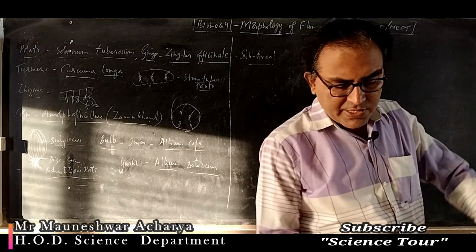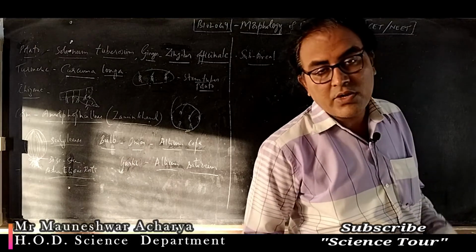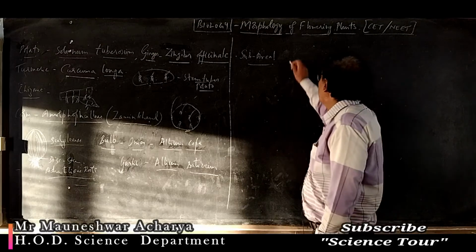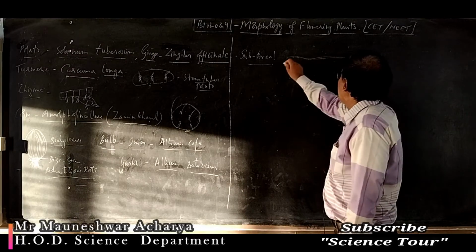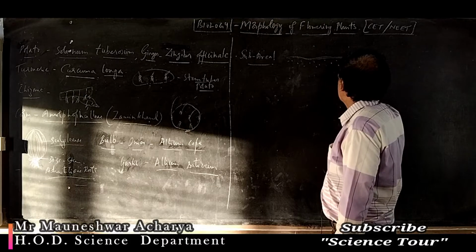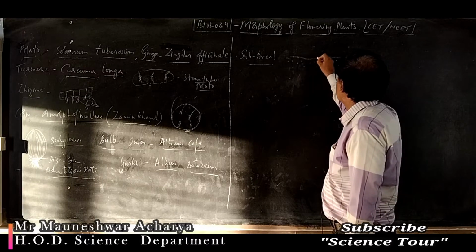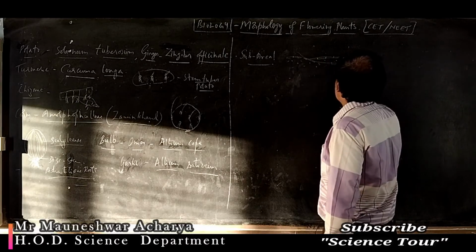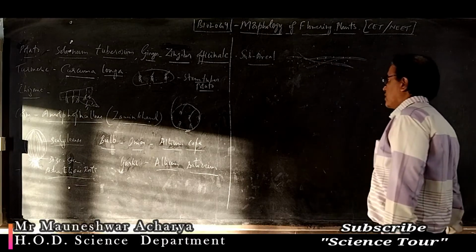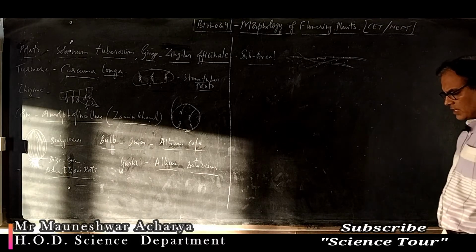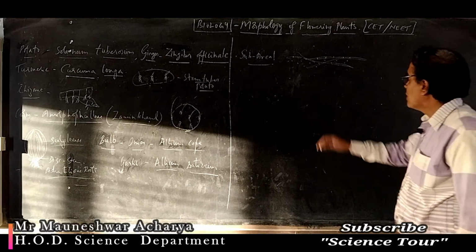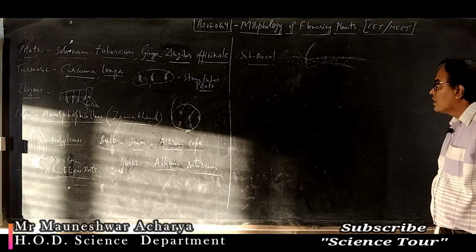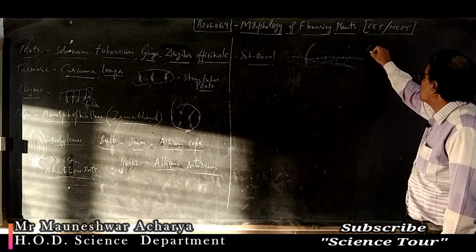Wherever the stem spreads, the older one will die and the newer one will form new plants. Like see, this is the soil and they are growing horizontally to the soil surface, possessing nodes and internodes. From the nodal region, the roots and the aerial parts will develop. You can see this subaerial modification as a runner.